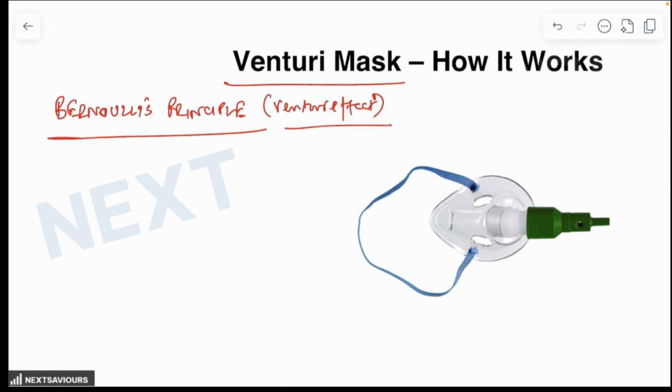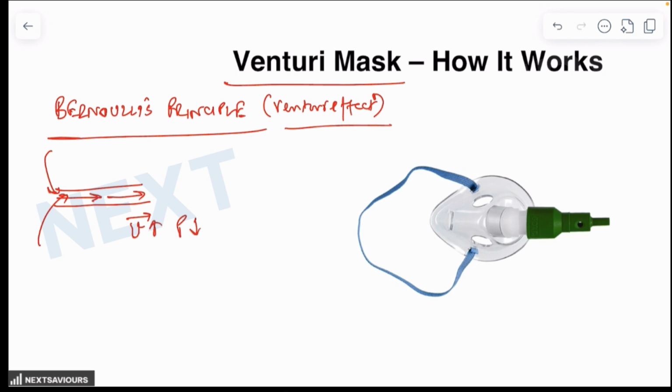You know what is the Bernoulli's principle? That if a gas flows through a narrow tube or nozzle, then the velocity will be increased, but the pressure drops, which causes entrainment of the room air into the oxygen system.